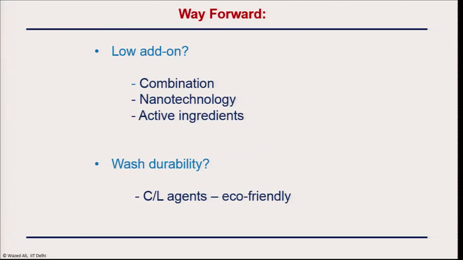The third one is active ingredients. As I already mentioned, active ingredients means we need to focus only on those biomolecules which are active against the particular hazards, for example, fire retardancy or antibacterial property. Here we are not going to target other biomolecules. There are hundreds of biomolecules present in a natural extract.